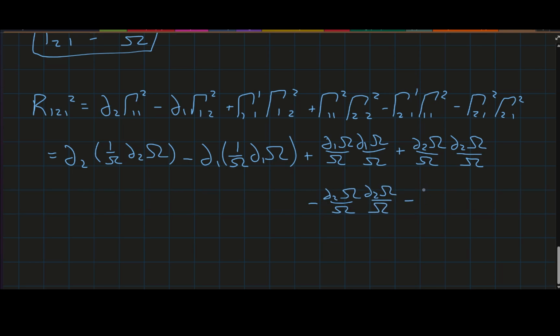So 2, 2, 1 is the same as 2, 1, 2, which we used already. So it's 1 over omega delta 1 omega. And then we have the same thing again. Okay, so right away we can see that this term cancels with this term, and this term cancels with this term. And what we're left with is just these first two with the derivatives.